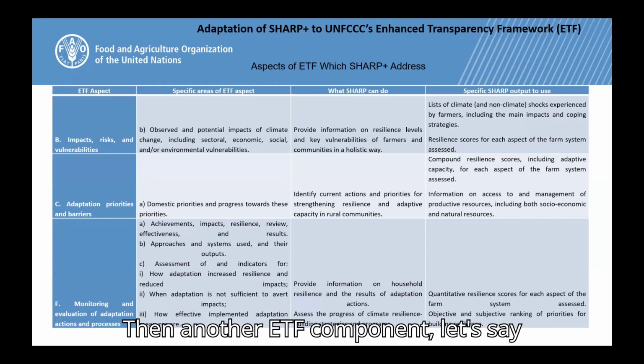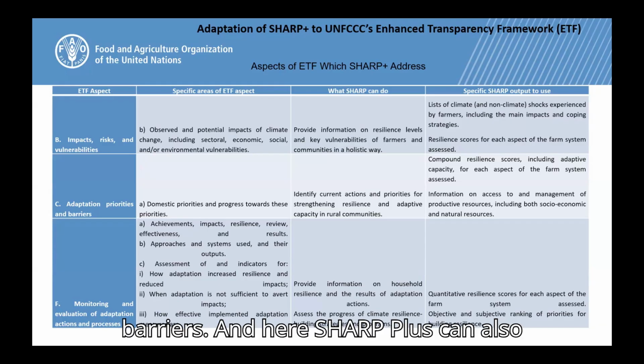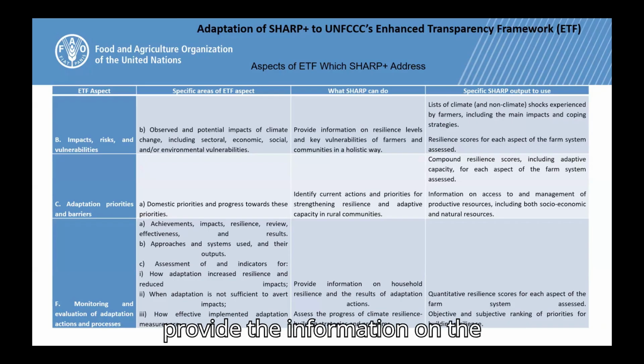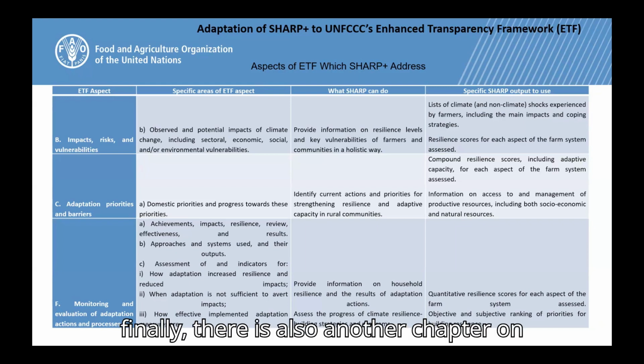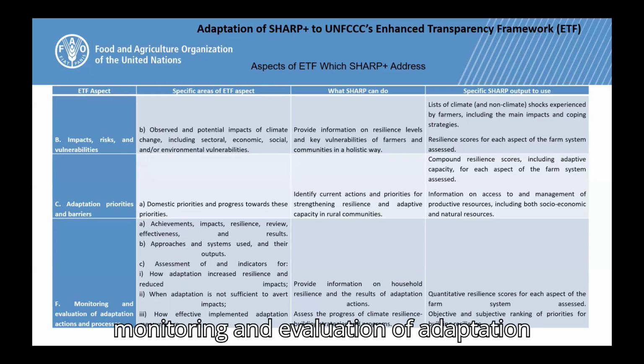Then another ETF component, let's say chapter, is adaptation priorities and barriers. And here SHARP Plus can also provide information on current actions, current support measures, and then on the management of resources. And finally, there is also another chapter on monitoring and evaluation of adaptation actions.